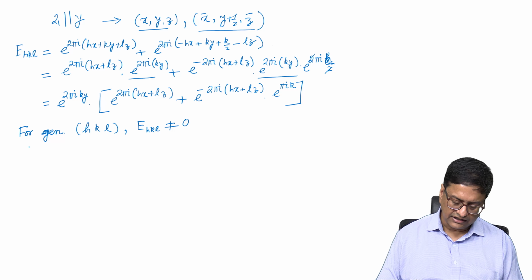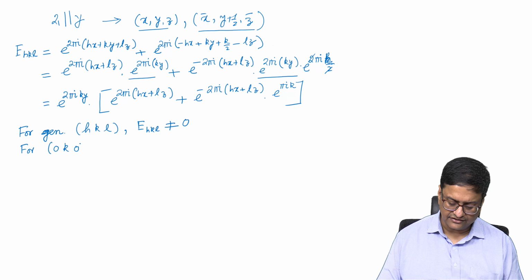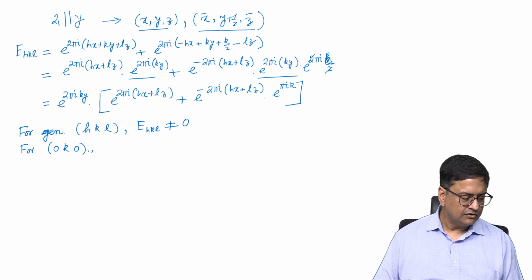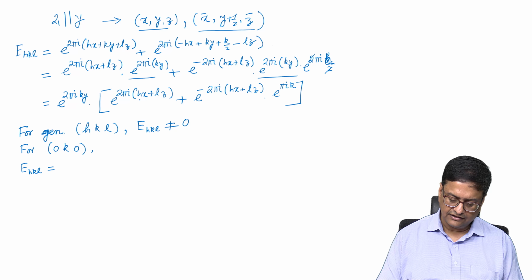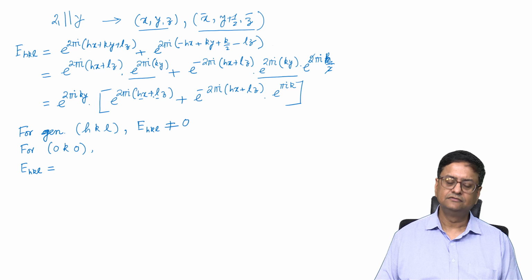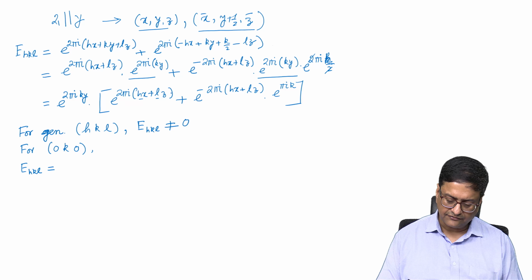But when we put a restriction on hkl, that is, for a special type of reflections where h is 0, k is not 0 and l is again 0, what happens to the expression for E(hkl)? This h and l are 0. So, the first term is e to the power 0, which is equal to 1.